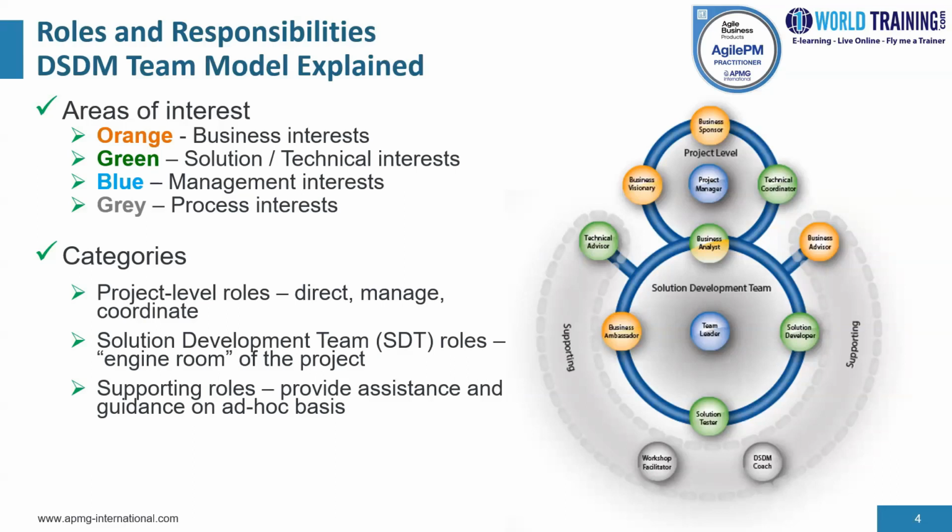The members of the solution development team would be the business analyst, solution developers, team leaders, business ambassadors, and solution tester. And there's a semicircle that seems to be surrounding the solution development team. And those are the supporting roles. They provide assistance and guidance on an ad hoc basis. And the roles include technical advisor, business advisor, workshop facilitator, and the DSDM coach.